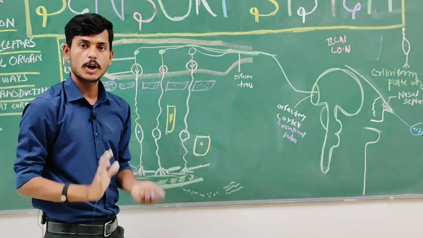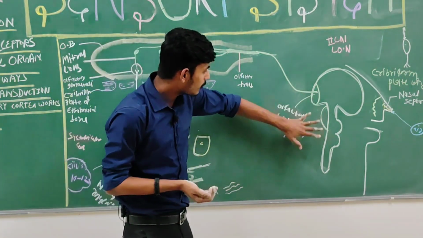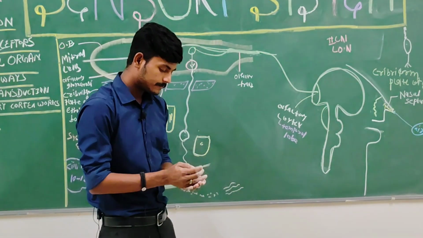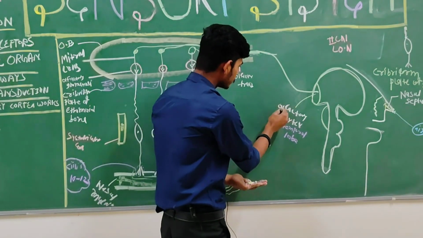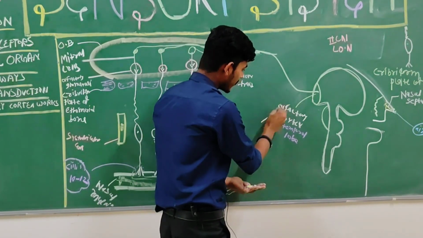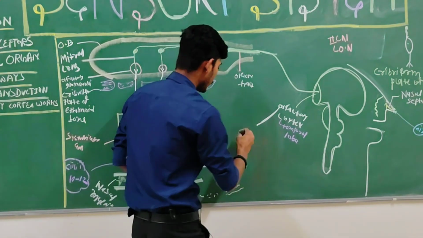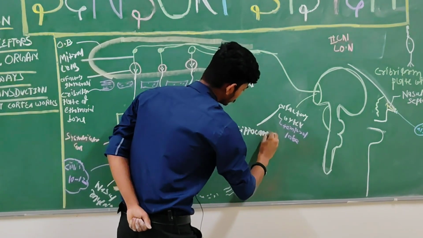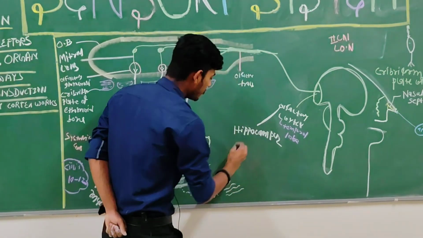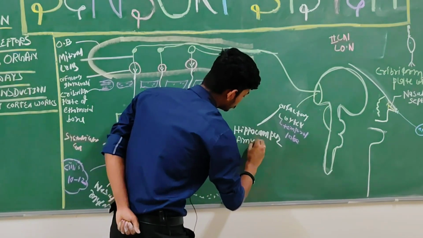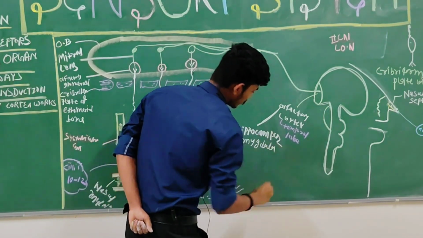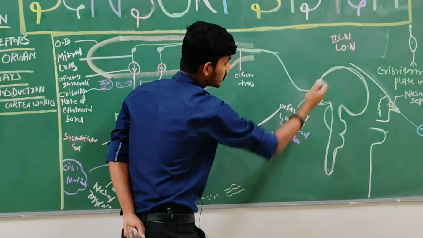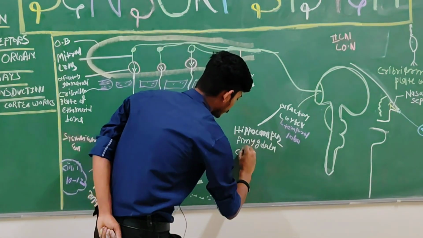Olfactory cortex is a primitive type of brain center, and it has association with the hippocampus, it has association with the amygdala, and it also has association with the part which is concerned with consciousness.